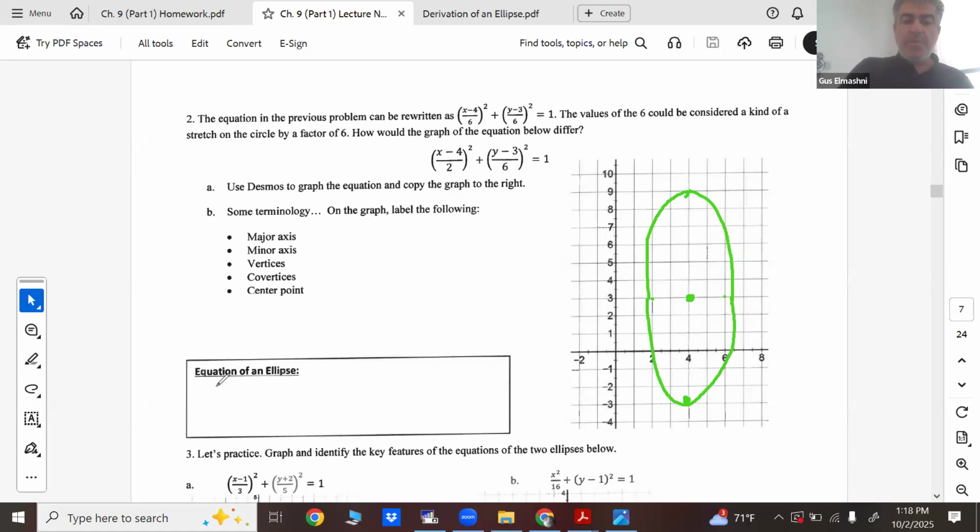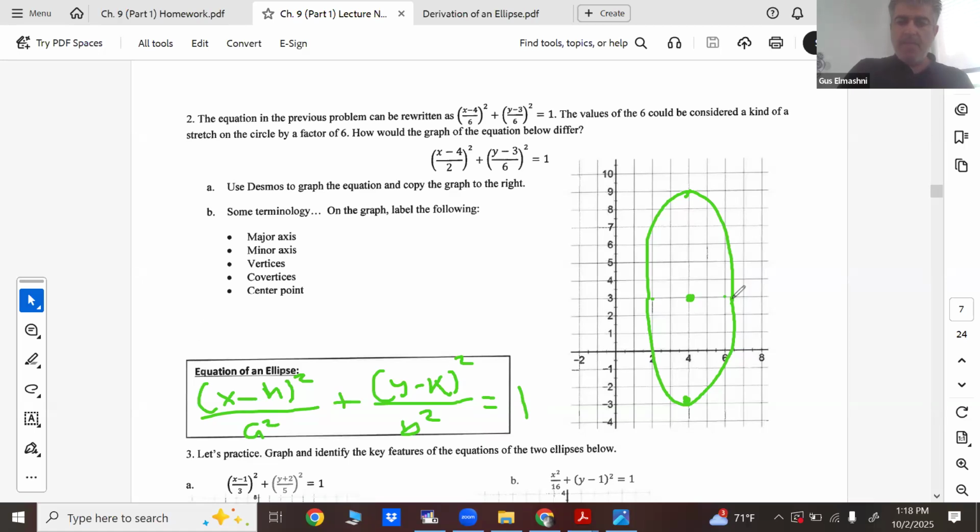So the general form of the equation is going to be this: (x minus h) squared over a squared plus (y minus k) squared over b squared equals 1.